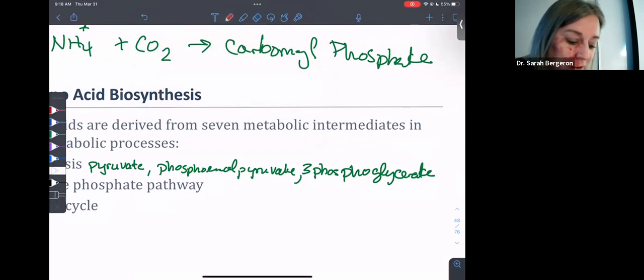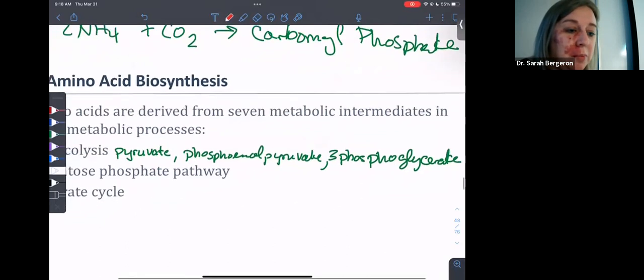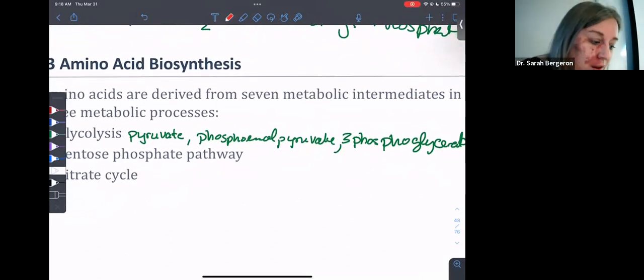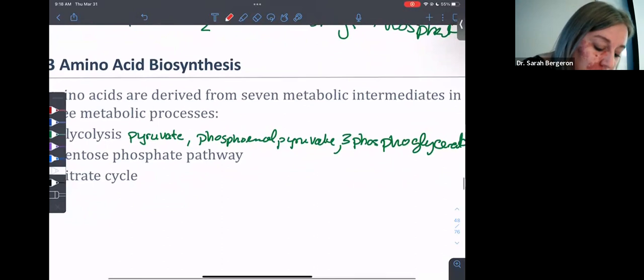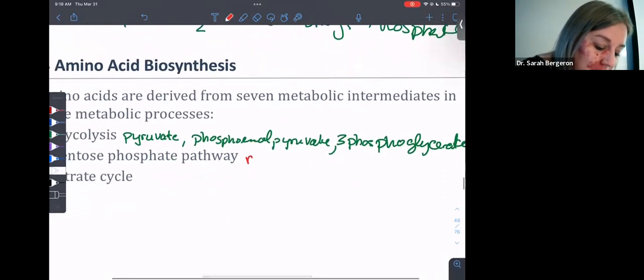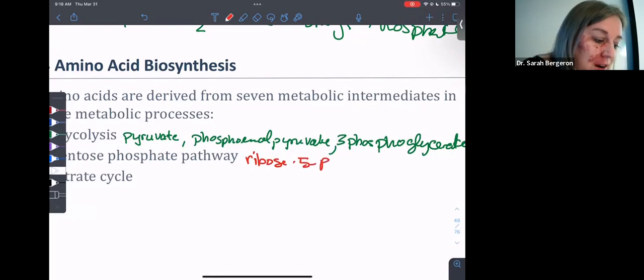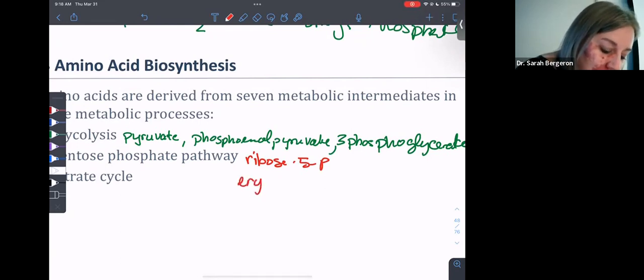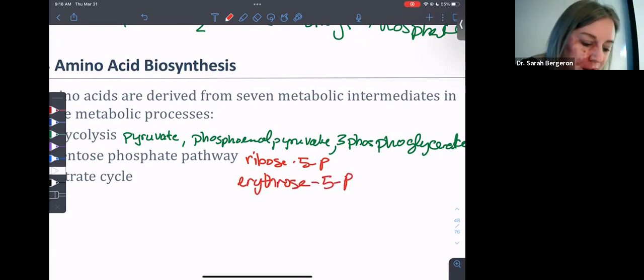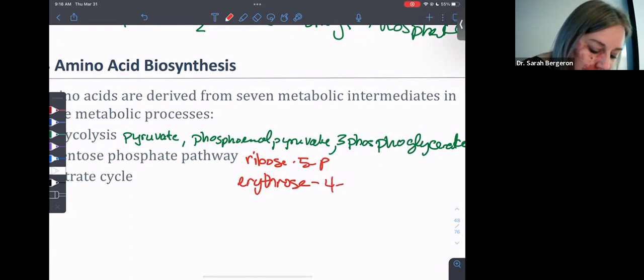Do y'all remember from pentose phosphate what some of the common intermediates were that were shunted off? So it's ribose 5-phosphate. And then, anybody? No, it's not G3P, but erythrose 4-phosphate.